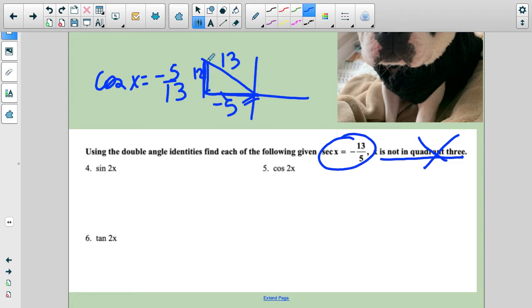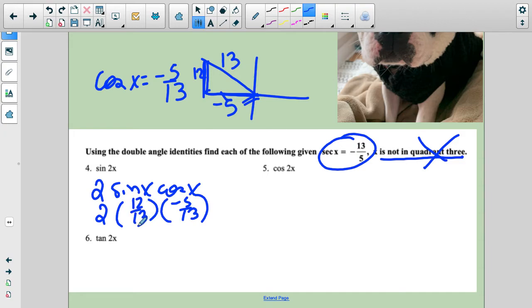All right, now sine 2x is 2 sine x cosine x. I'm following the pattern on your sheet. Nazareth, this is what you were asking me. So you know cosine x is -5/13. And now from your picture, don't you know what sine of x is? It's 12/13, and this is over 1. So you'll be drawing some pictures and doing Pythagorean theorem to have all your pieces.